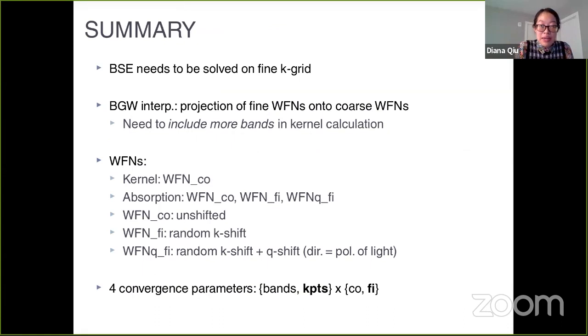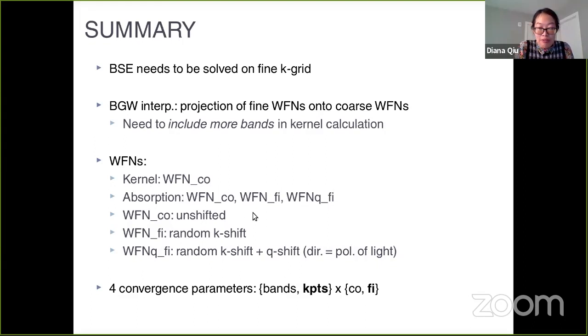So in summary, the Bethe-Salpeter equation needs to be solved on a fine k-point grid. In order to do that, we use BerkeleyGW to interpolate the wave functions from a coarse grid onto a fine grid. As a consequence, we need to include more bands in the kernel step of the calculation. In order to do the BSE, we have 3 input wave functions. We have WFN_co, which is your wave function on the coarse grid, which is used by both kernel and absorption.